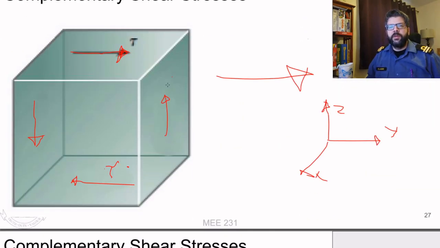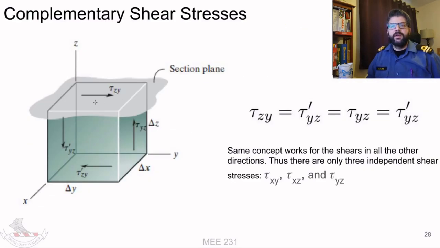So when we get back to this, essentially what we're saying is that if we take a section of our object and it's got some sort of shear stress on the plane of that section, we can figure out what that would be, but we also know that it's going to cause stresses at other points around there.